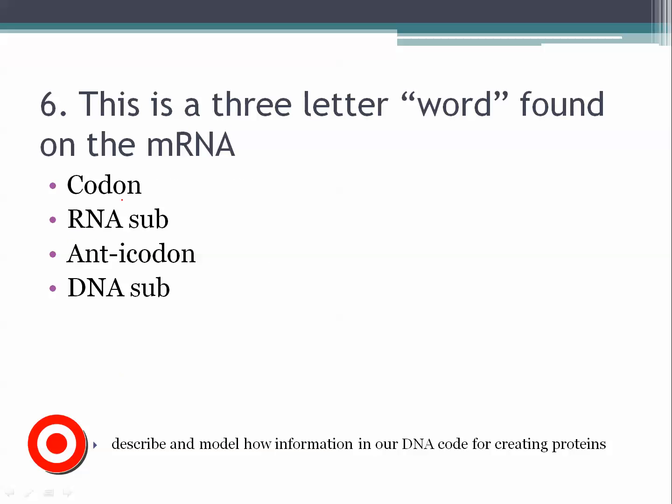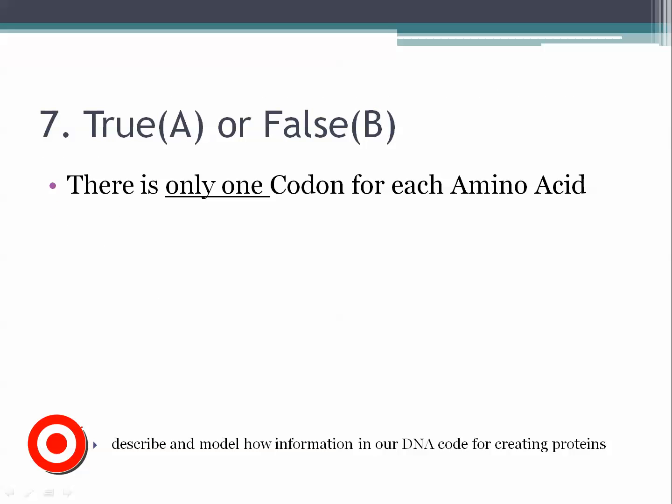The 3-letter word found on mRNA, and that's real important, that's mRNA, is going to be codon. It would be anticodon if we said on tRNA. So codon is our right answer here. There is only one codon for each amino acid. That is false.